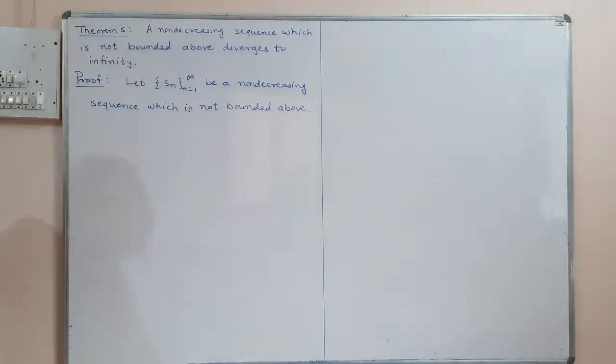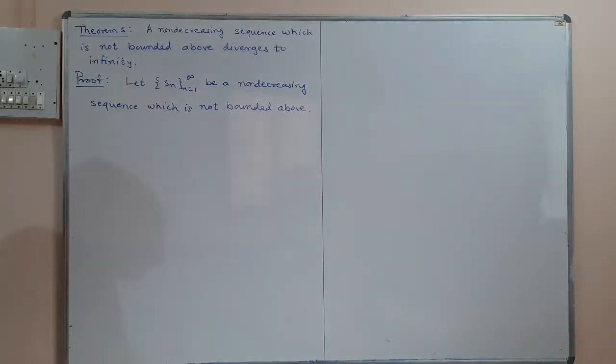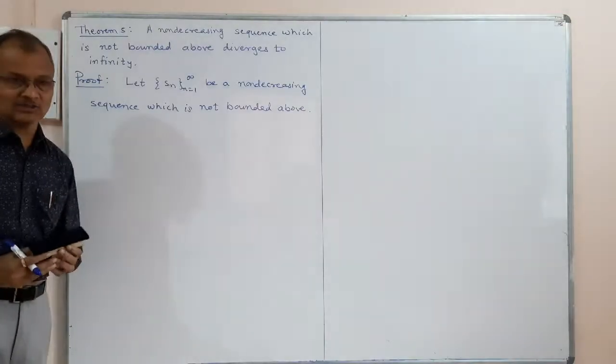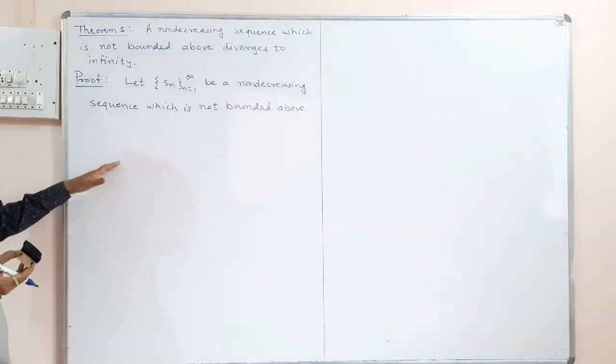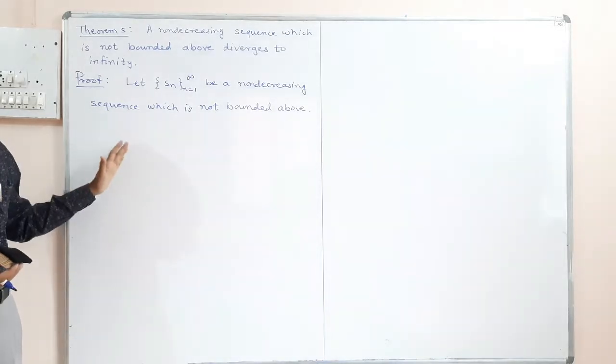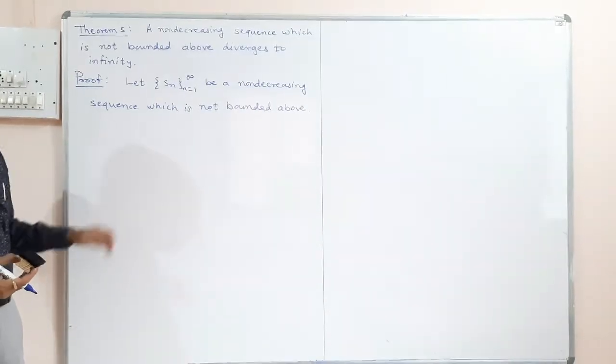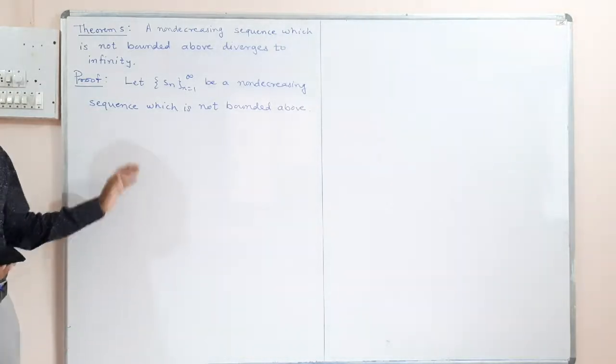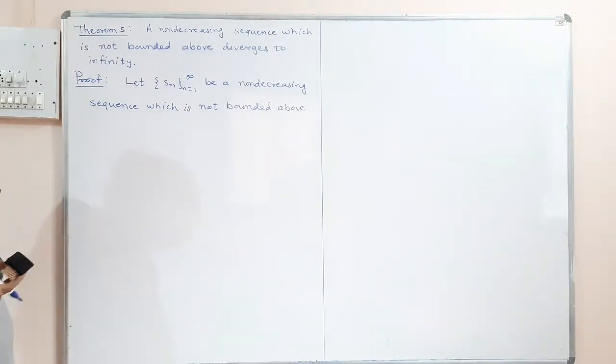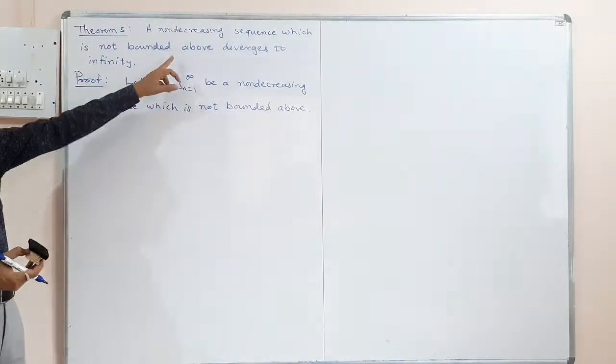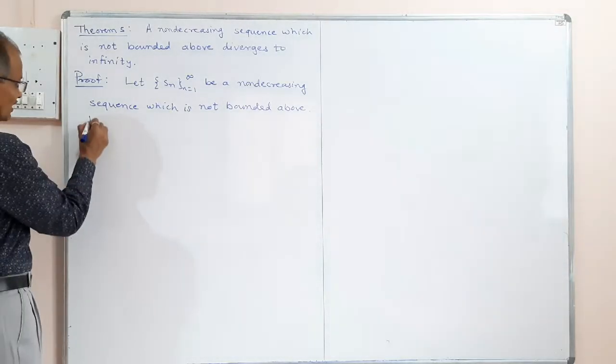So what we have to prove is that it diverges to infinity. We have defined earlier that a sequence diverges to infinity if for a given real number m, Sn is greater than m for all n greater than or equal to some N. So that we have to prove.